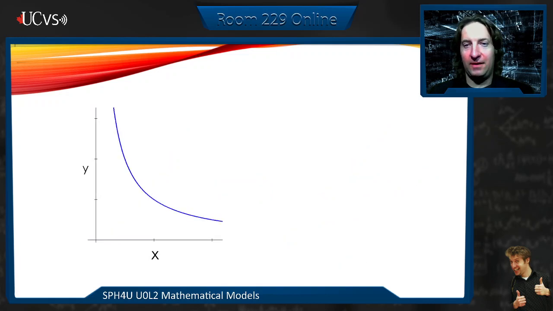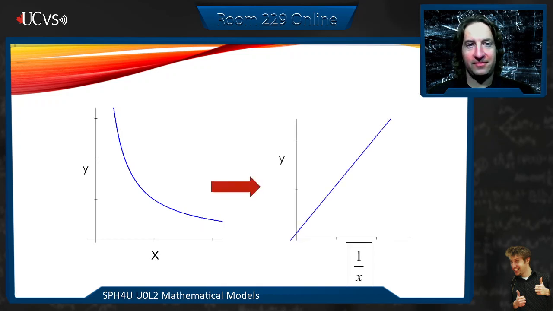Similarly, if my relationship is an inverse like this, if I change my x-axis to 1 over x, I end up with a linear relationship, right? This is y equals a. My variable now is 1 over x. So again, I can just calculate the slope. I can get Excel to spit out a linear trend line, and I can get my a.